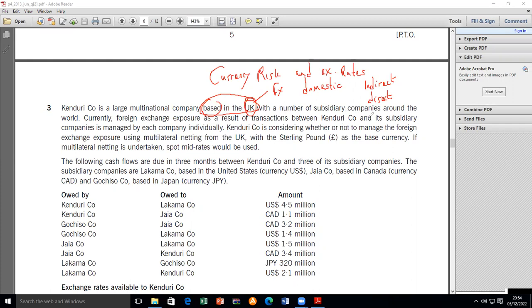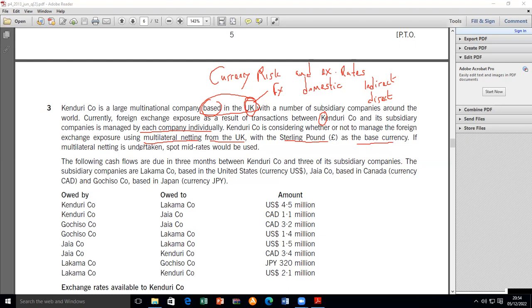Based in the UK with a number of subsidiaries around the world, currently, foreign exchange exposure out of transactions between K and its subsidiaries is managed by each company individually. K is considering whether or not to manage the foreign exchange exposure using multilateral netting from the UK, with the sterling pound as a base currency.